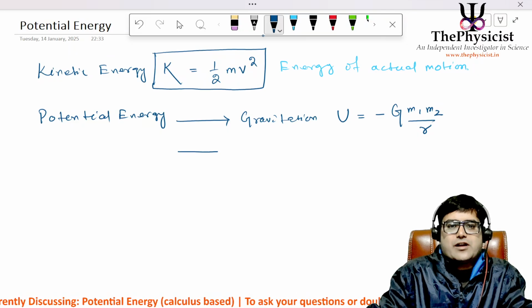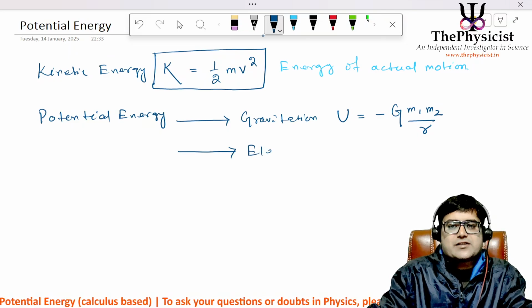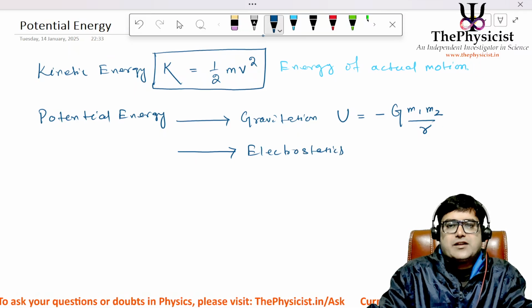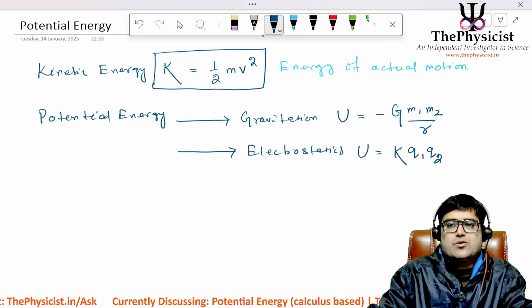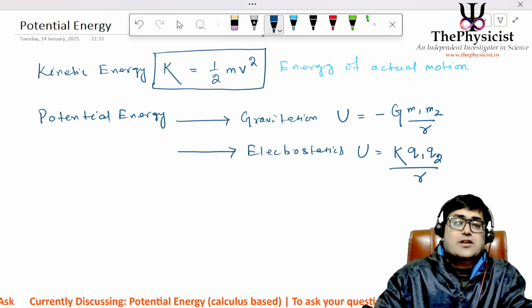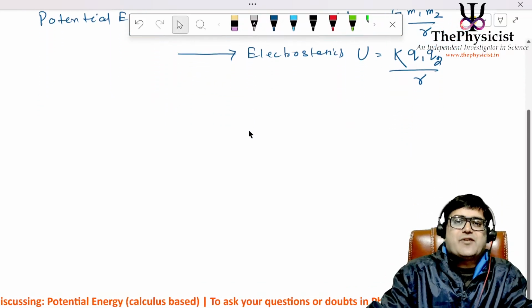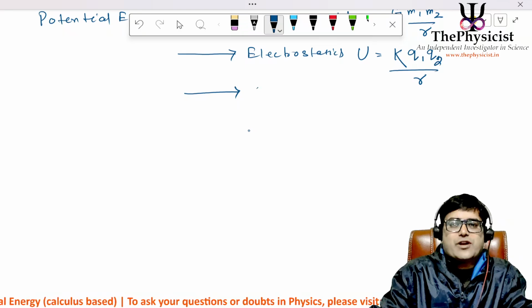If I talk in the context of electrostatics, then U becomes k, Coulomb's constant, times Q1 Q2 over r, right? And that's not it.